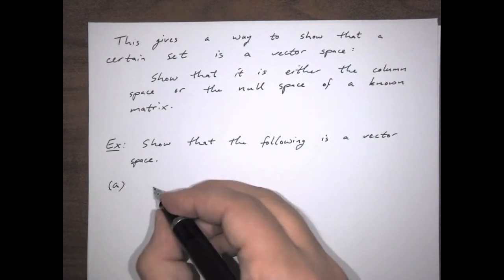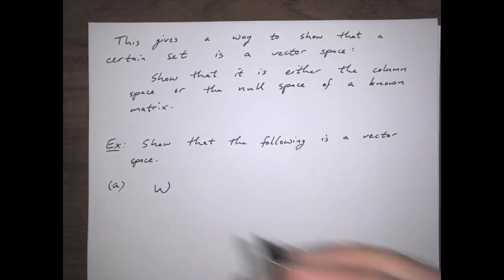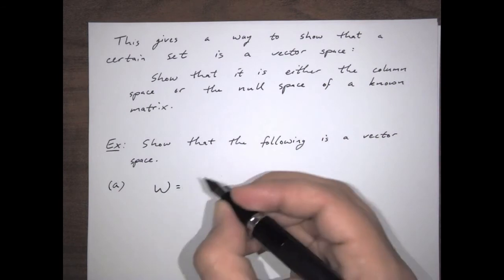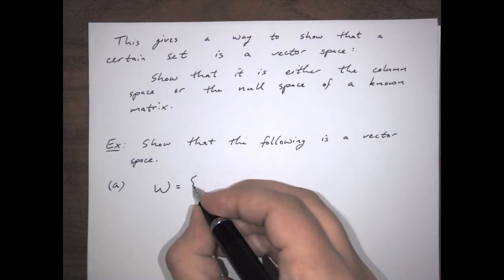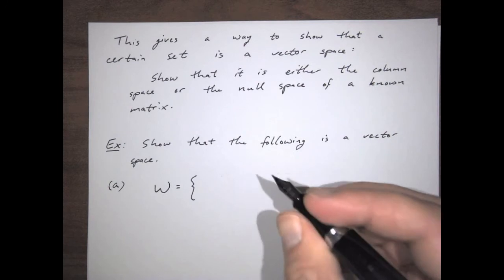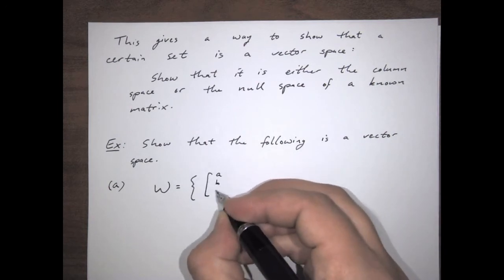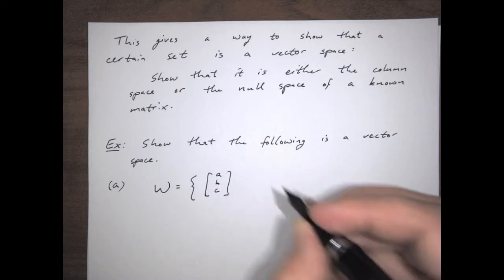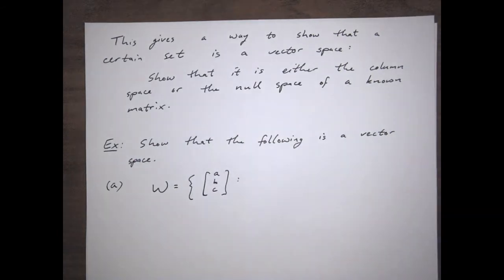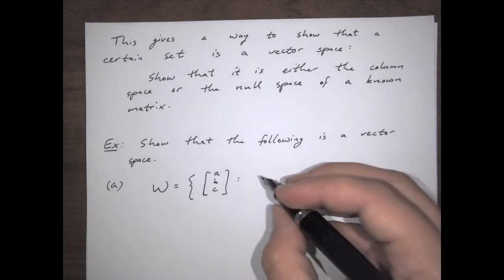So here we have a set, and the set is going to be made up of vectors of the form (a, b, c), where we are going to be given some relations between a, b, and c.